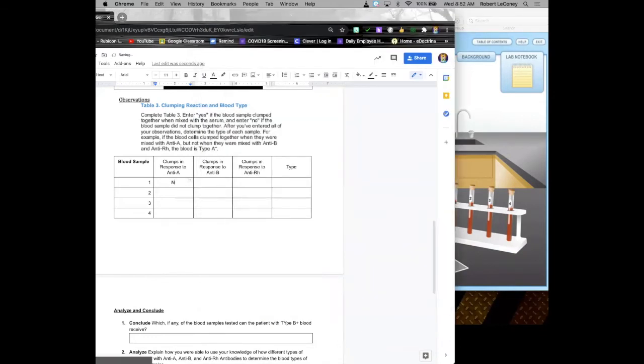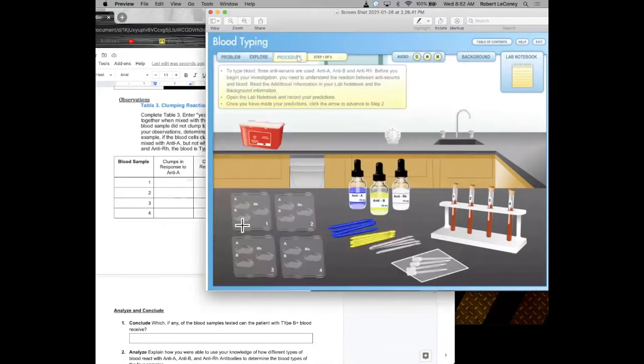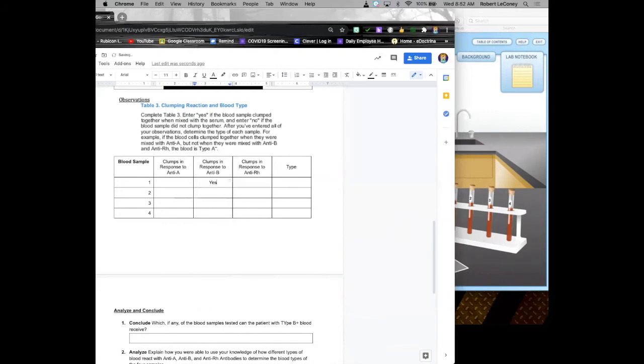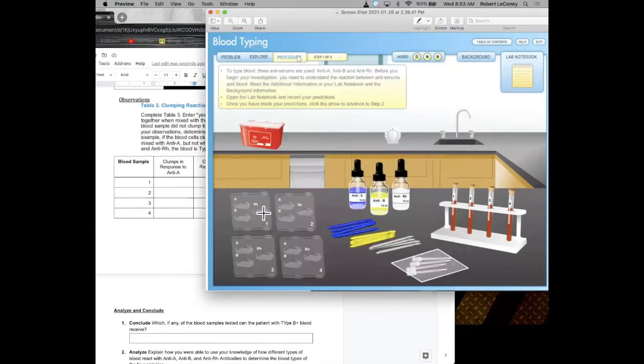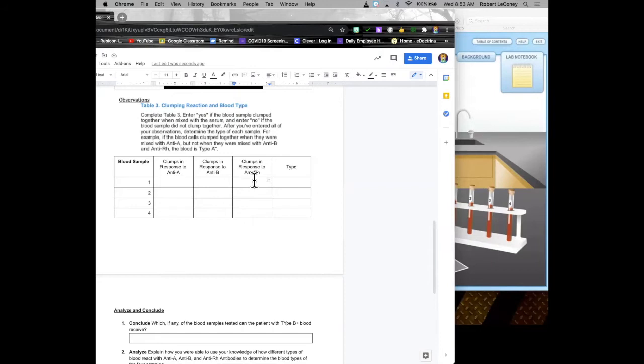In blood sample 1, plate 1, does B clump up? Yes or no? And then RH, again, blood 1, plate 1, RH well. Does this clump up when we put the RH and the anti-RH in there? Does it clump up? Yes or no?